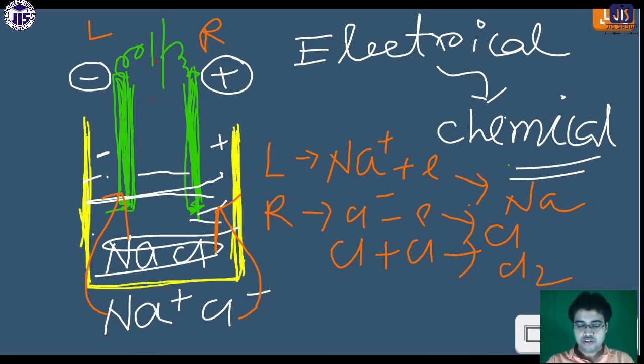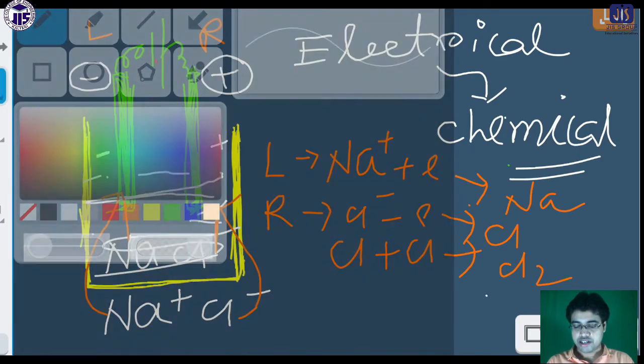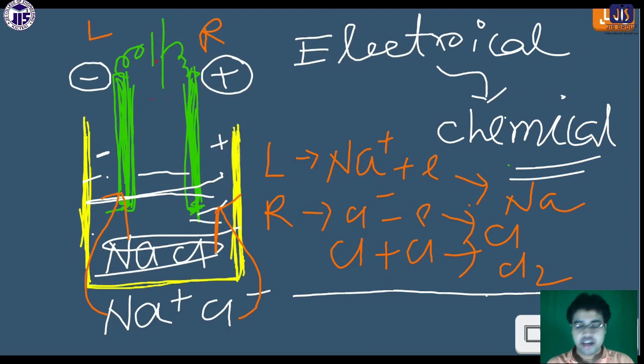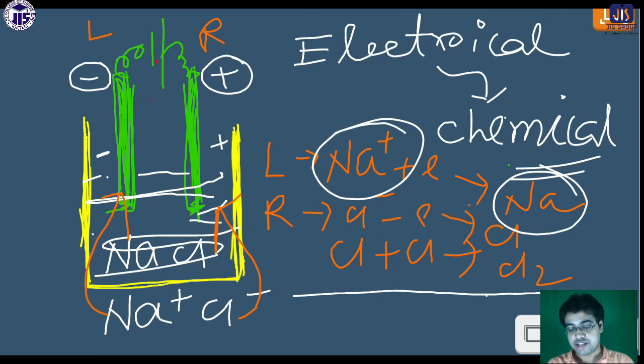So what is the overall reaction? Na plus will be converted to Na, and Cl minus will be converted to Cl2. Finally, this is the overall reaction.